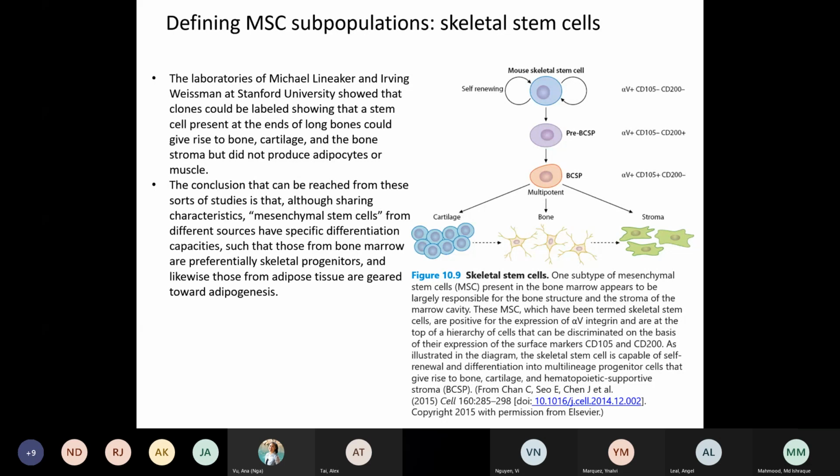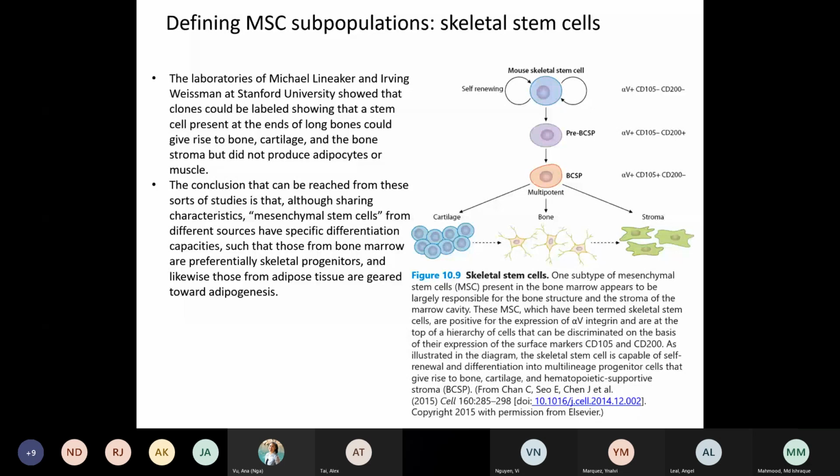According to that, you should have chondrocyte. Cartilage is chondrocyte, and then you have bone. That's osteoblast. So what you don't have here is fat. These cells can give rise to cartilage and bone, but not fat.